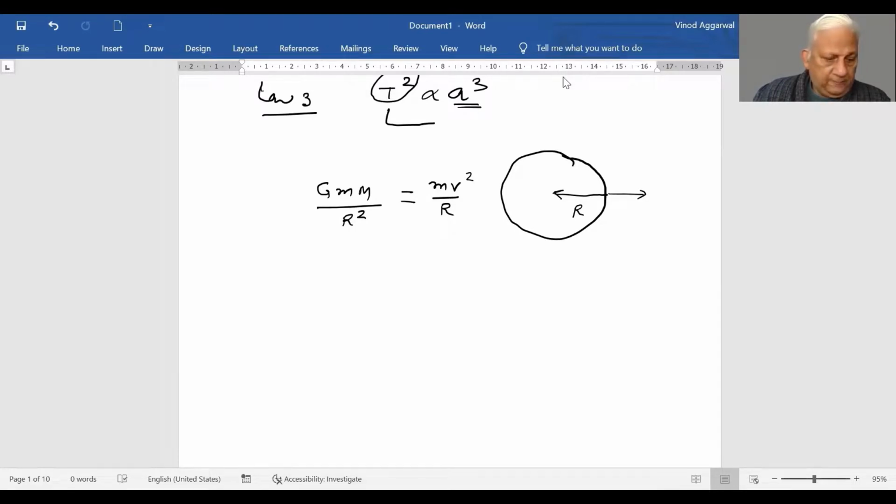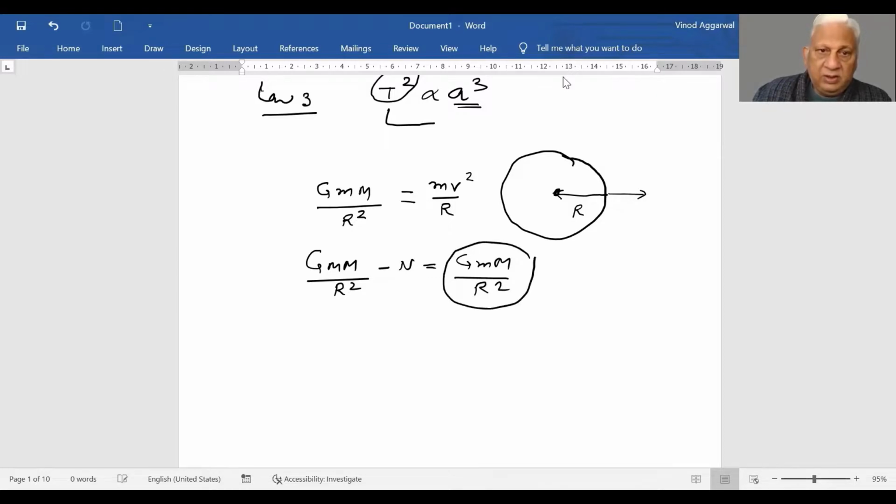So if suppose you experience some normal reaction N, then the net force that you experience is given by this force minus this force.